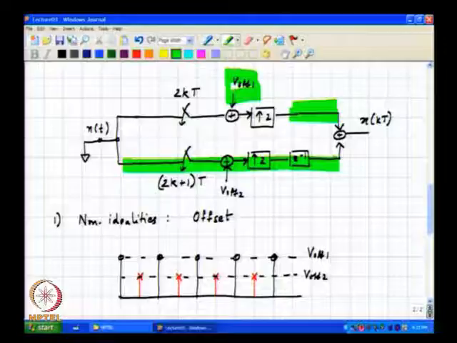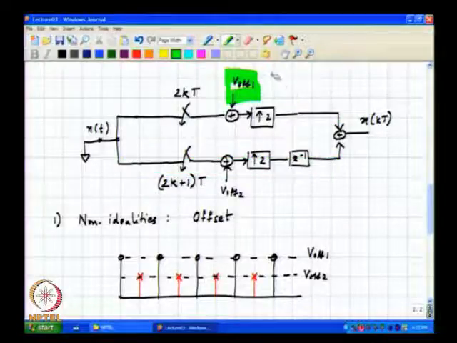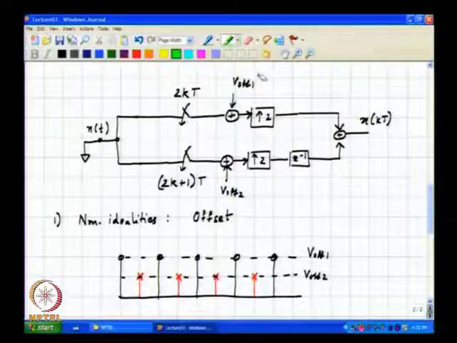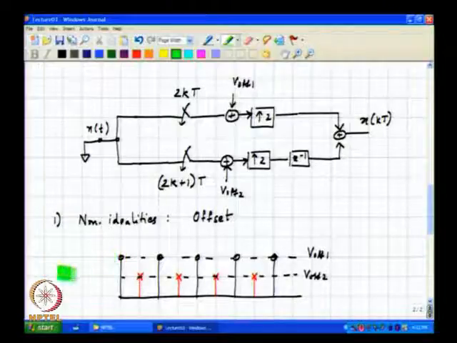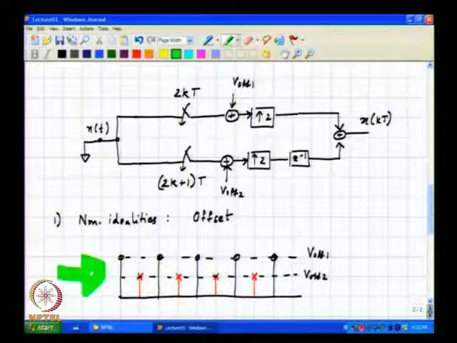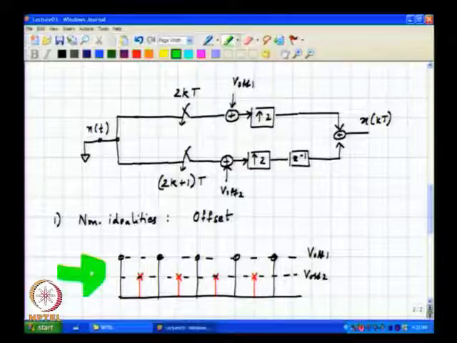Now the lower channel also adds offset, which is V offset 2 V offset 2 V offset 2 and so on, and since we are interleaving these two sequences, the output of the composite system when the input is 0 will be a sequence like this. Is this clear to everyone?